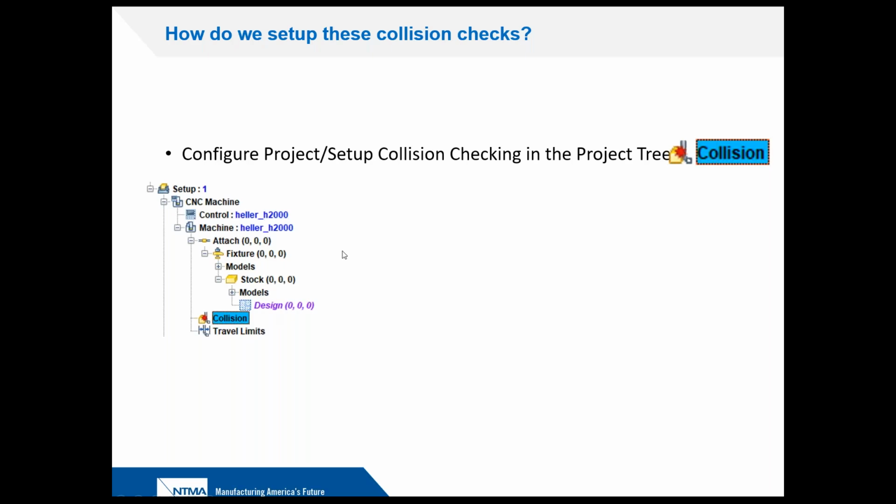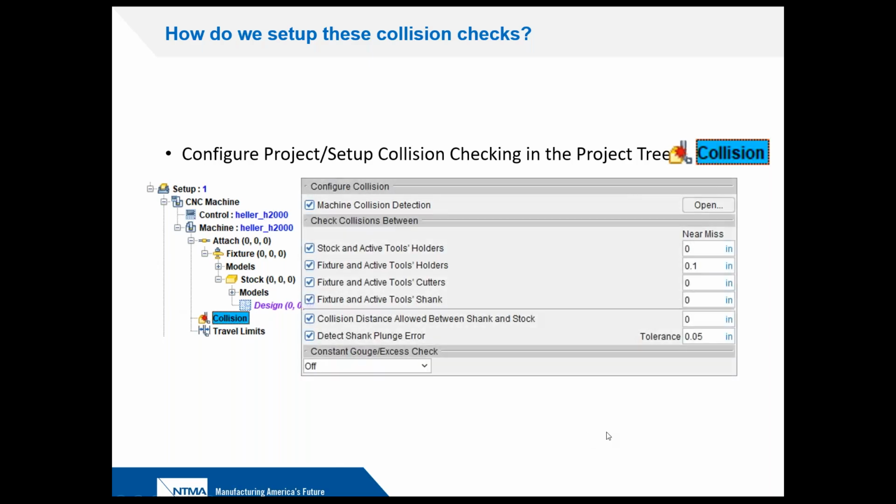And you'll notice here, this is what we call the project tree, without giving you too much of a training in this presentation. Down here underneath our setup, we have a collision tab. Inside of there, we can set up several different collision checks.